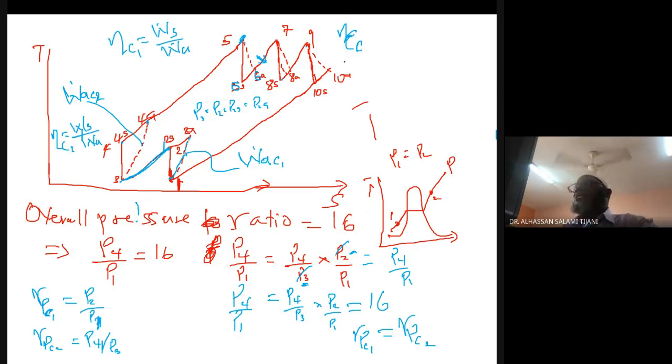Since the isentropic efficiency for the compressors and for the turbine are given, we have to consider them in the calculation. So state 1 goes to 2A, and then we have 2S. Similarly, we have 4A and 4S. And for the turbine, we have 5, and then 6A, 6S. These are with respect to the isentropic situations.